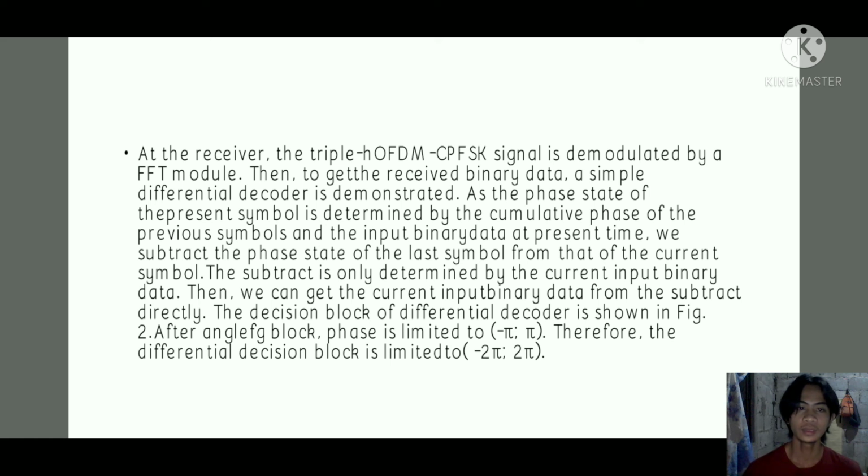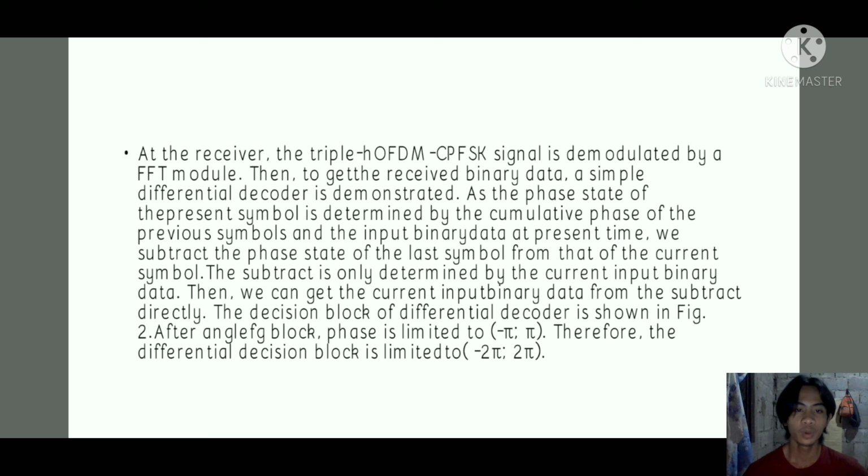As the phase state of the present symbol is determined by the cumulative phase of the previous symbol and the input binary data at present time, we subtract the phase state of the last symbol from that of the current symbol. The subtraction result is only determined by the current input binary data.